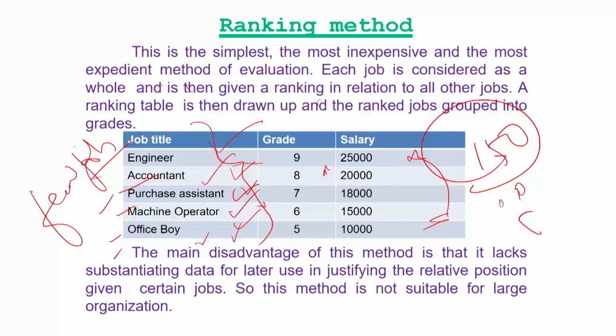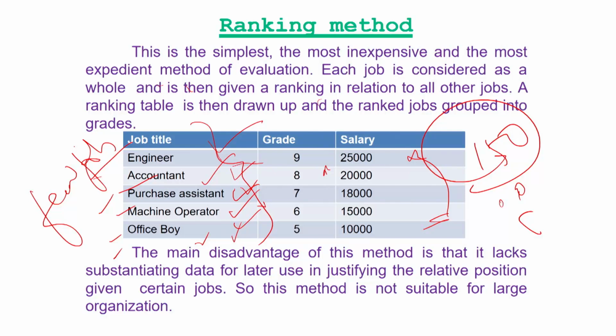You may be well acquainted with your particular kind of job, but you cannot be well acquainted with all kinds of jobs in the organization. So that is one of the biggest disadvantages associated with this, and of course justifying the relative position of certain jobs. So this is actually not suitable for a very large organization.